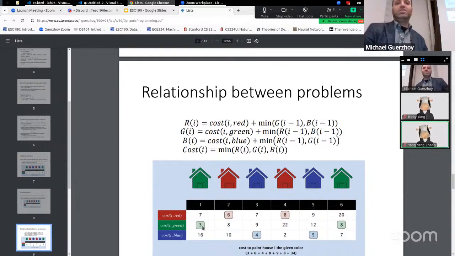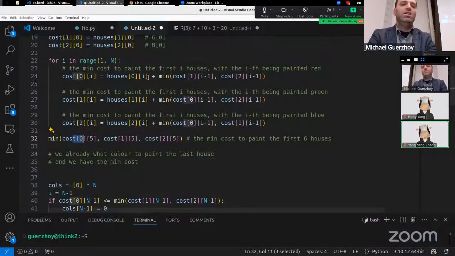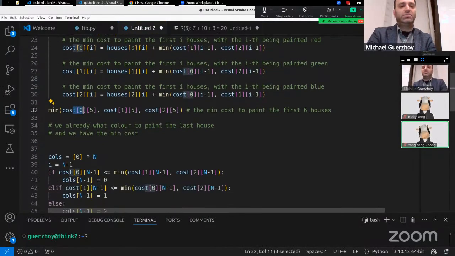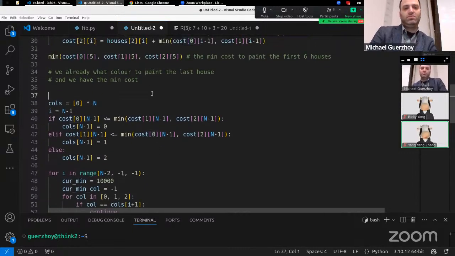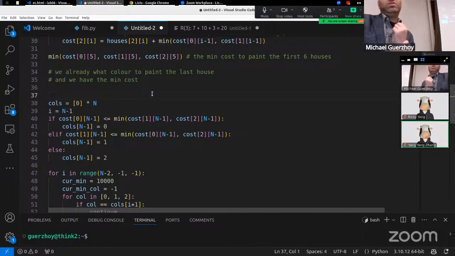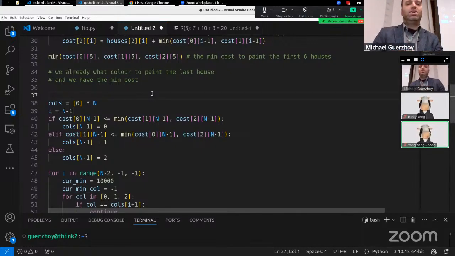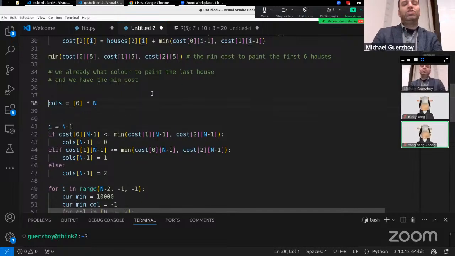So, okay. Let's look at the code. What we're doing basically is just picking the colors for all the houses. I start with just a bunch of zeros, and I want to fill it in with colors 0, 1, 2.